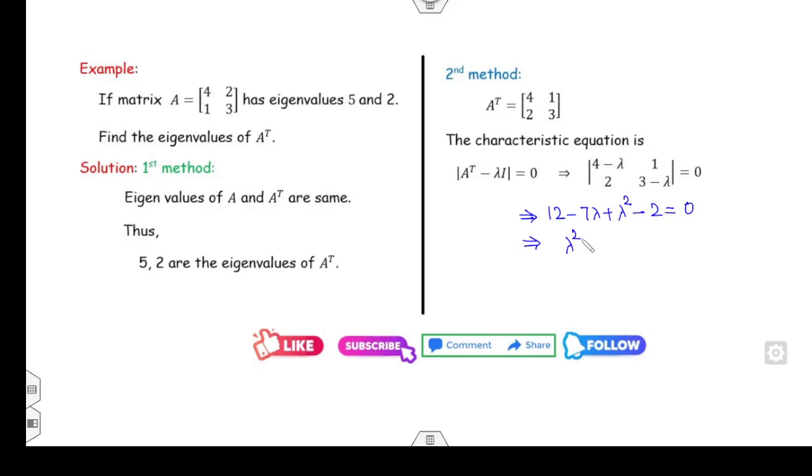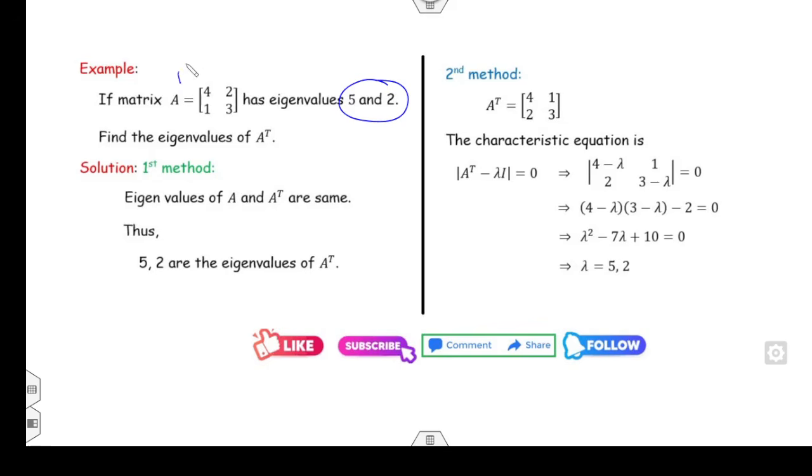That implies lambda square minus 7 lambda plus 10 is equal to 0. Now you can easily factor them. It will be 2 and 5 are the eigenvalues of A transpose. And now you can see A has the eigenvalues 2 and 5, and A transpose also has the eigenvalues 2 and 5.